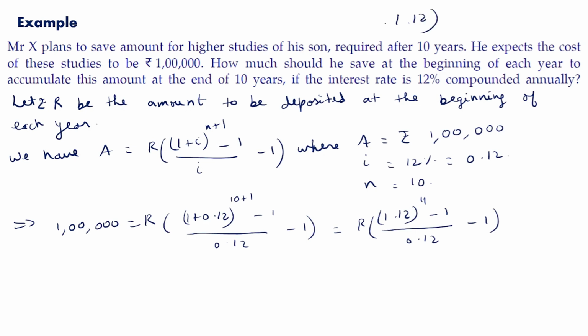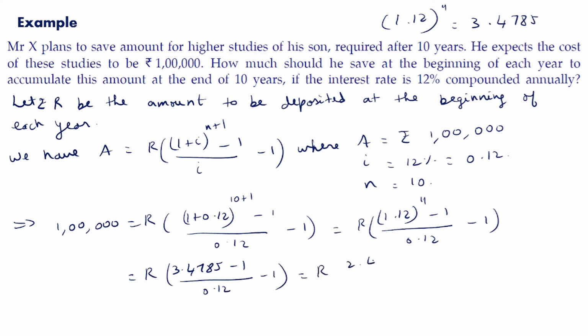So 1.12^11 is 3.4785. So this is equal to R into [(3.4785 − 1)/0.12 − 1]. So it is R into [2.4785/0.12 − 1].